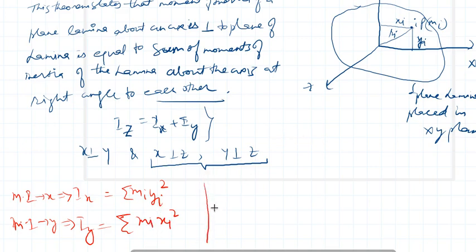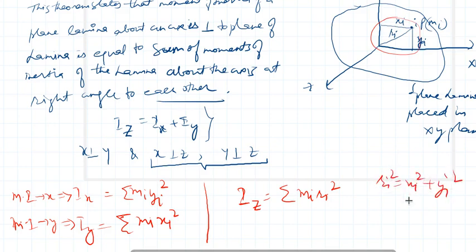Now I am interested in finding Iz. If it starts rotating about the z-axis, the distance of the ith point from the z-axis is ri, so it is the summation of mi ri square. But from this diagram, I can say that ri square is equal to xi square plus yi square. So if I put their values, the summation of mi times xi square plus yi square.